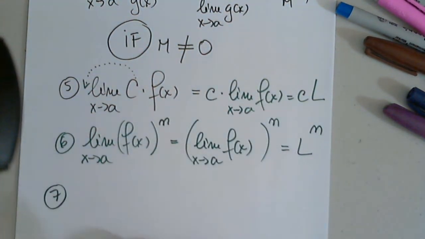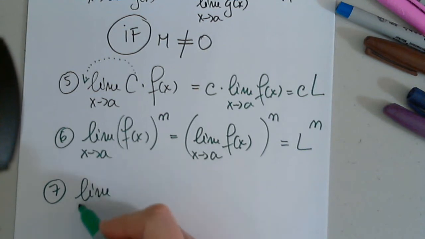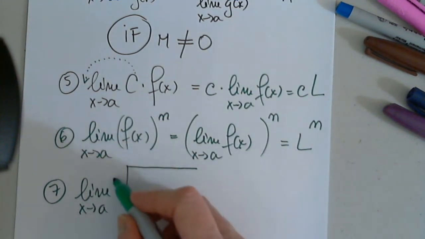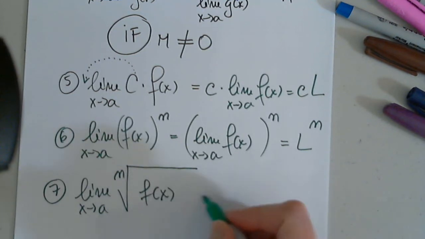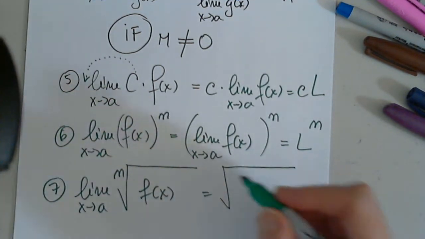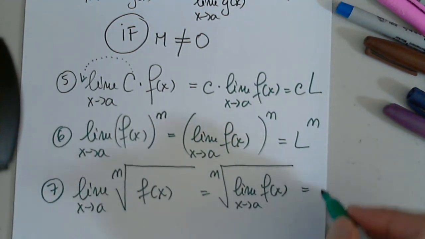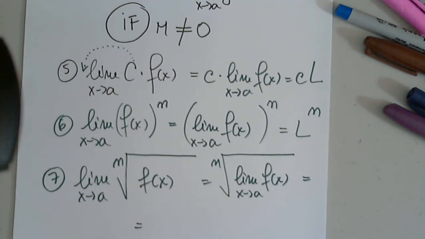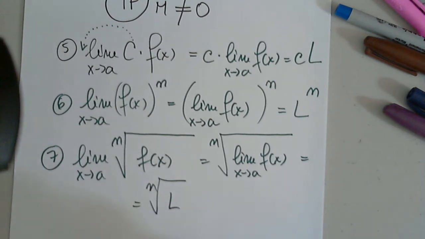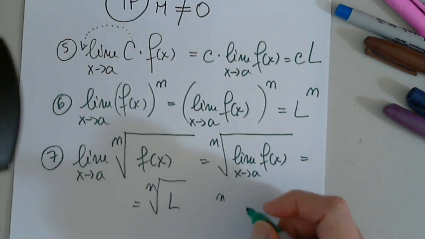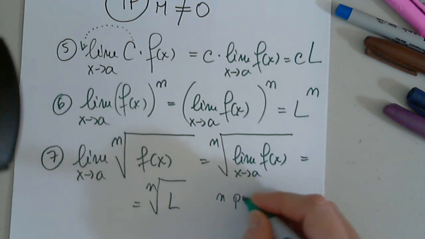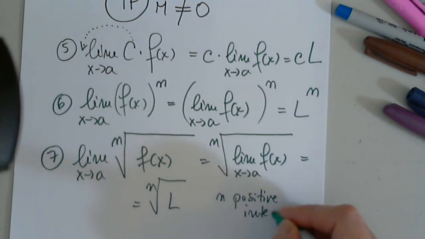And the last one is the same thing with the root. Limit as x approaches a of the nth root of f of x will be the nth root of the limit of f of x as x approaches a. What is the inside? The nth root of L. So of course n is a positive integer.